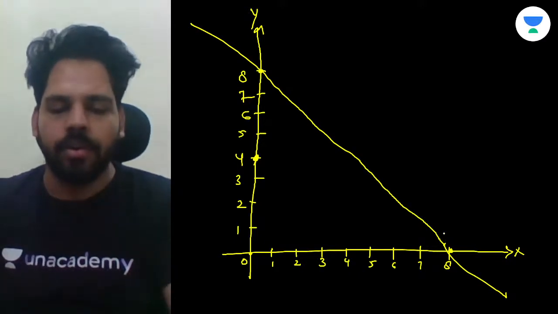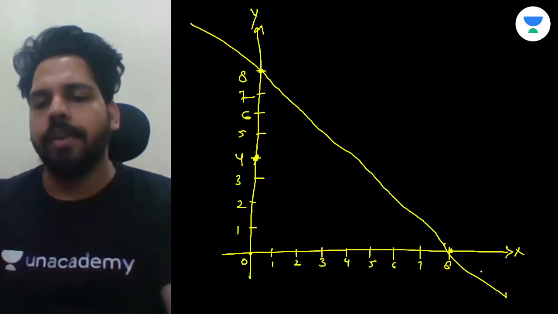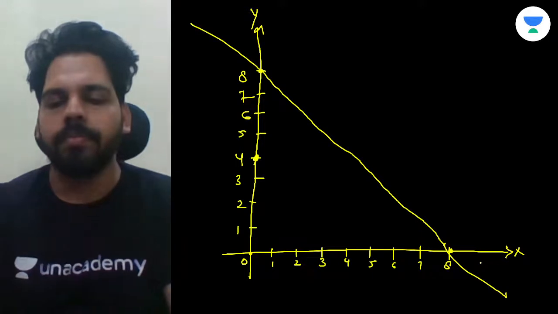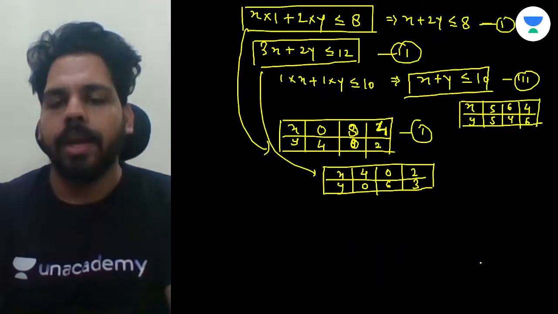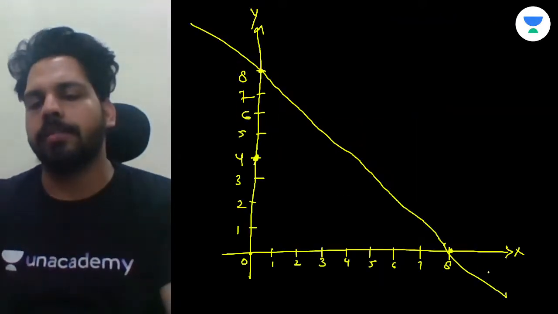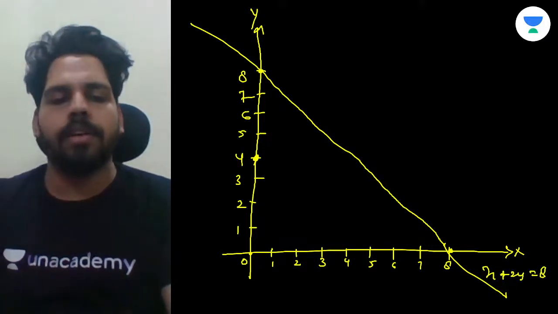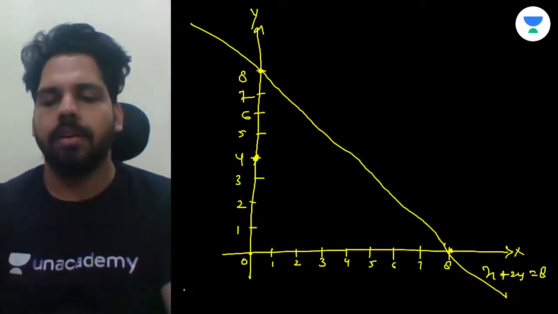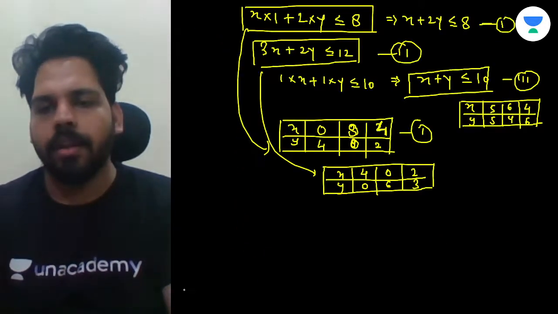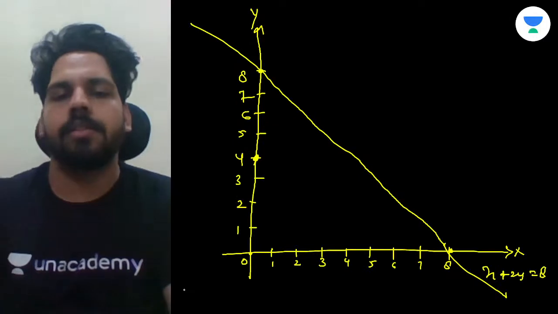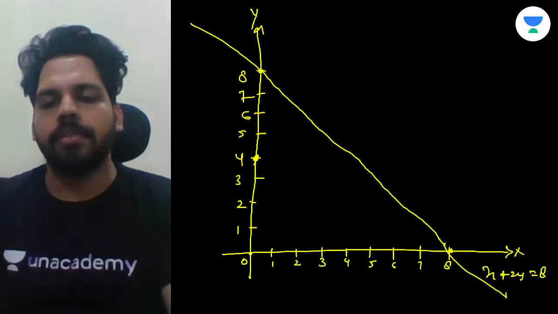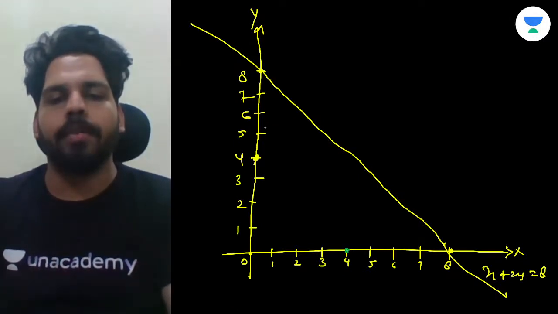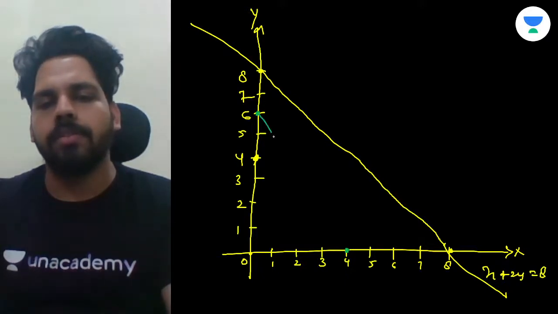Okay, now next, this equation we can write as x plus 2y equals 8. Now the next equation we are going to represent. Points are 4 comma 0 and 0 comma 6. These are the points which we can draw.